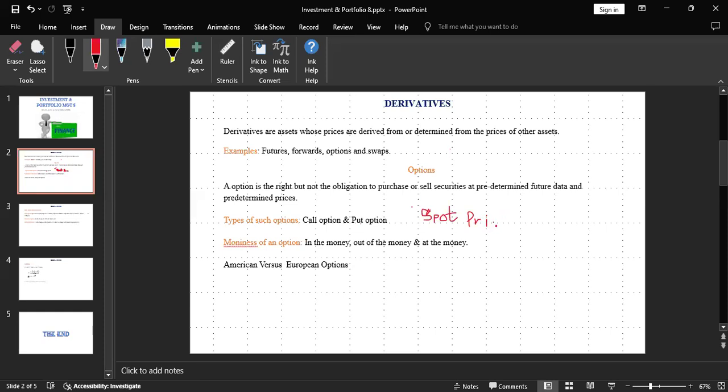If you went into that agreement and you are going to purchase the asset, this is an option that you can either exercise or not exercise. So you compare it to the strike price, and the strike price is what? The agreed price. When you're making the agreement, the price that you agreed on is called the strike price.